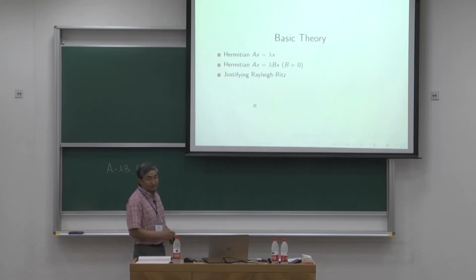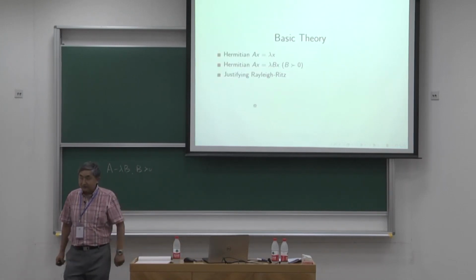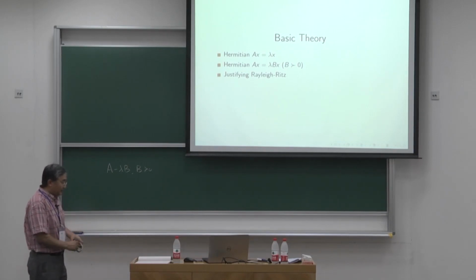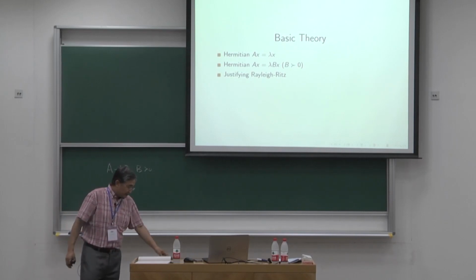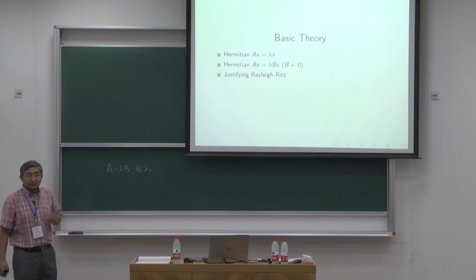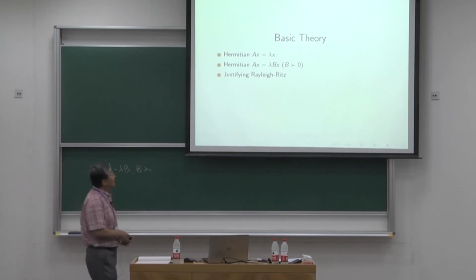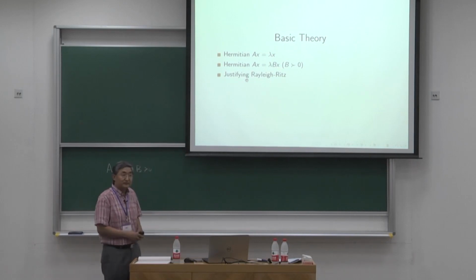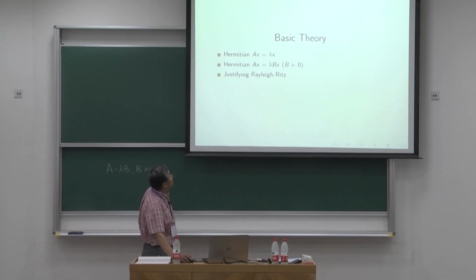Now get back to the basic theory of the eigenvalue problem. A lot of this, if you have taken either a matrix theory class or numerical linear algebra, you would have seen most of it. We're going to talk about the standard eigenvalue problem in the Hermitian case, then talk about one application to justify the commonly used Rayleigh-Ritz procedure.